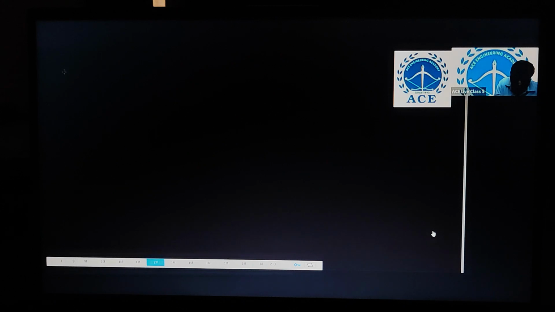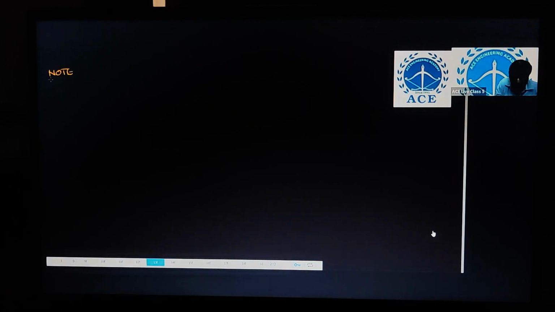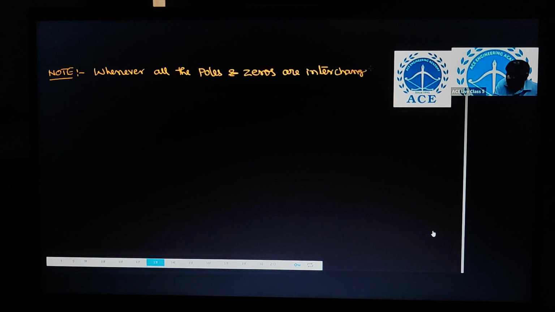What is the final conclusion? Whenever all the poles and zeros are interchanged in the transfer function, then the angle of departure equals the angle of arrival.